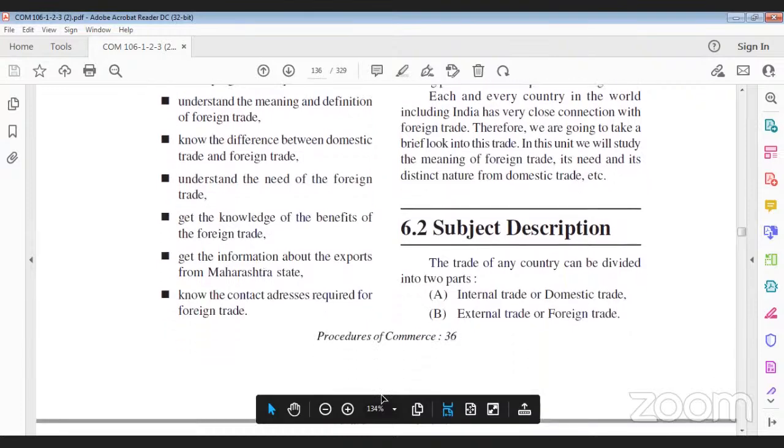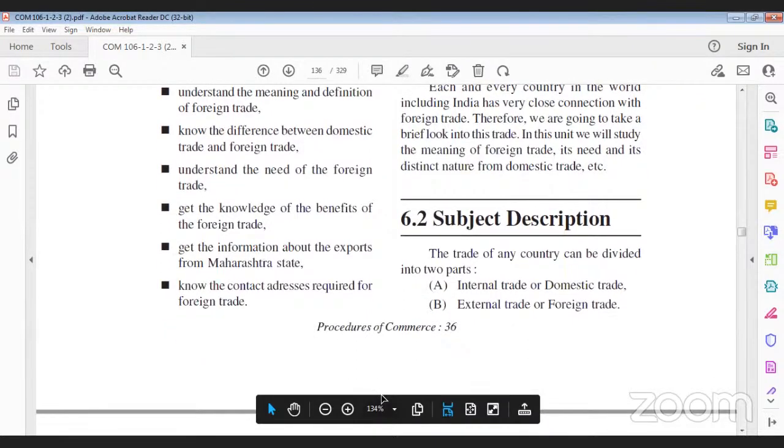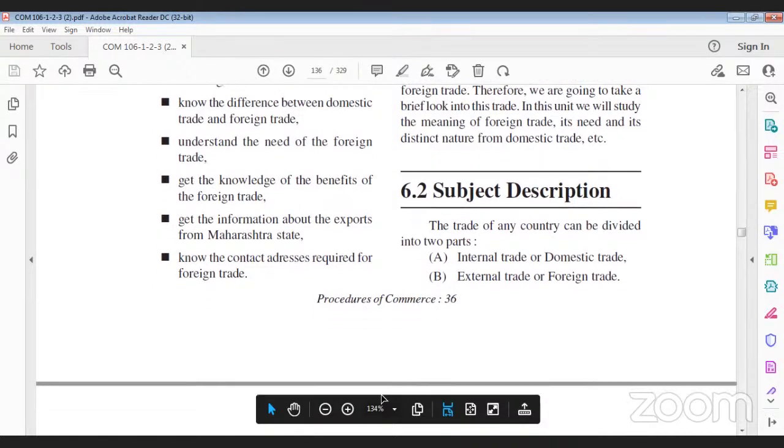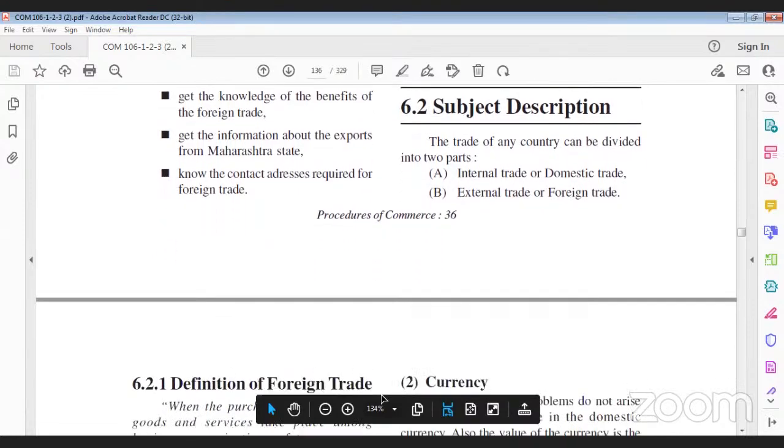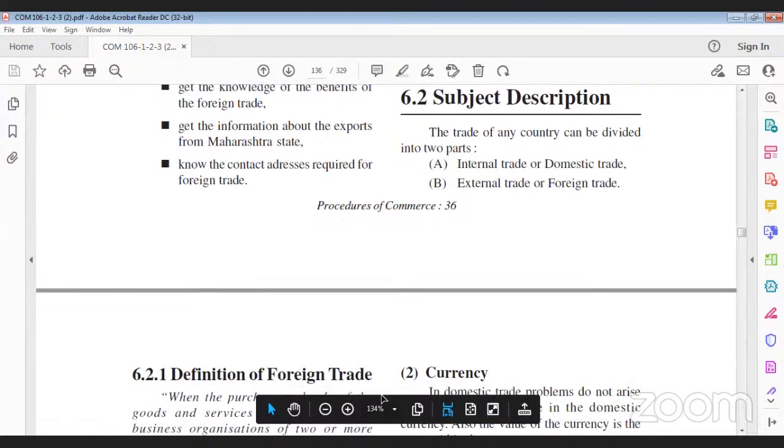Import trade means buying goods or services from other countries' business institutions. Export trade means selling goods or services to other countries' business institutions.